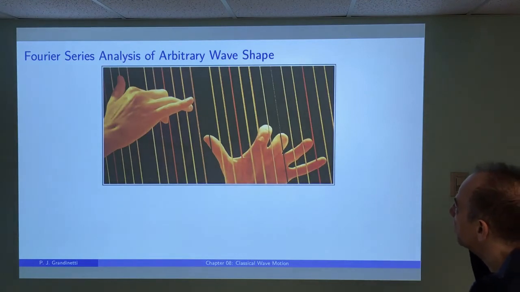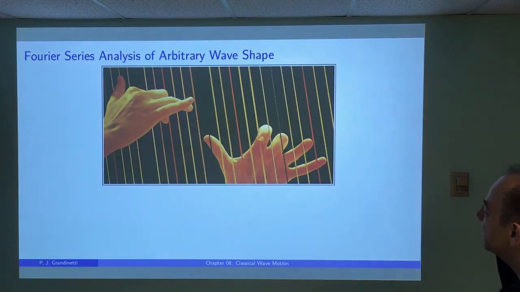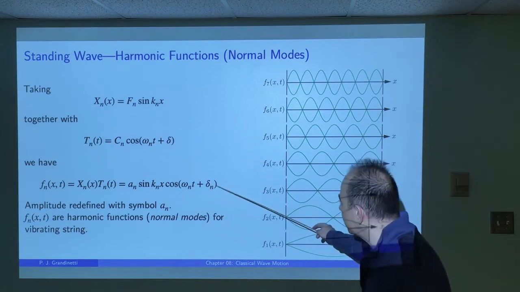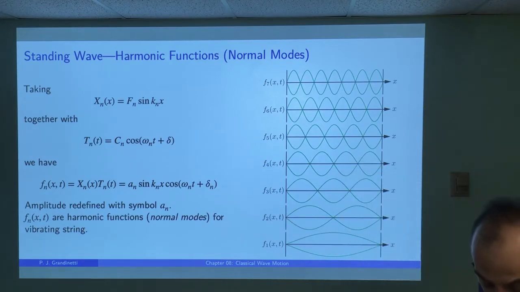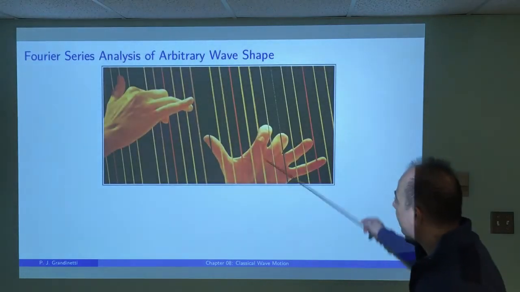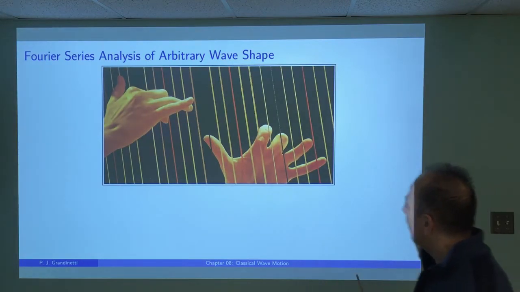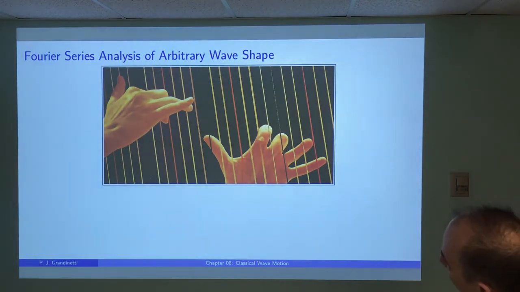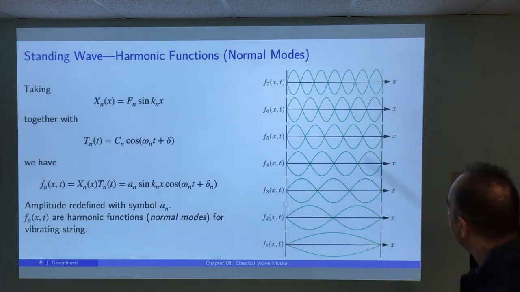So now we're going to look at how you might take a string and decompose it into some linear combination of these possible solutions. When you play a string, this is an example on a harp, you're not just setting up one of these modes.